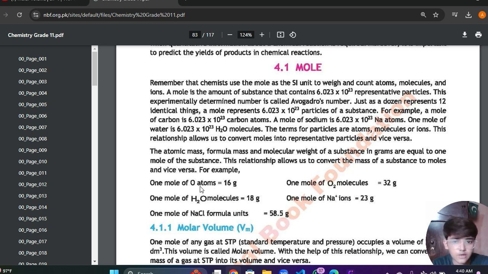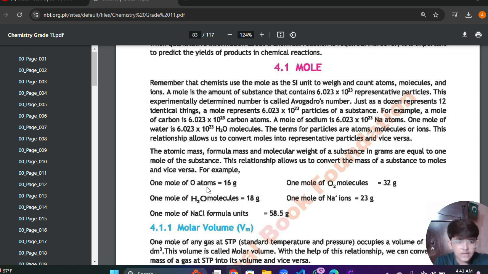So that can be O atoms equals to 16 gram, and same goes for O2. We will basically double it and utilize it. What is 1 mole of H2O? Now that is 18 gram. You can just read a few of the molecules, atoms, ions of any element right here.